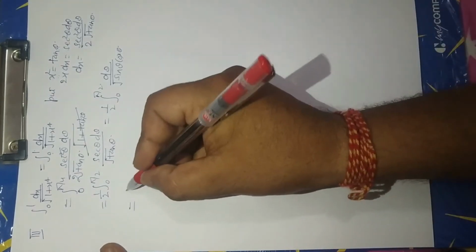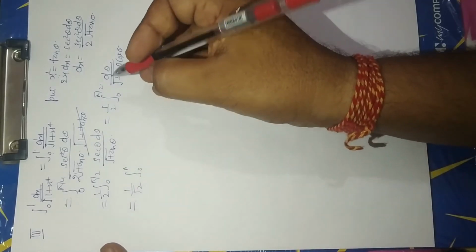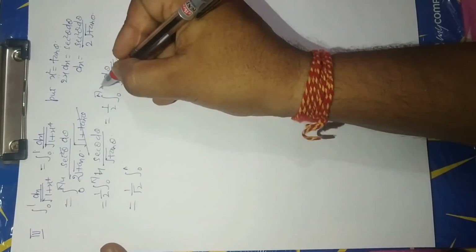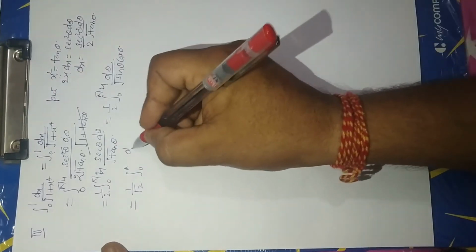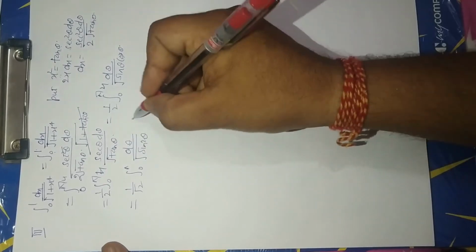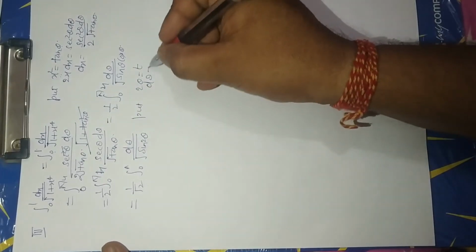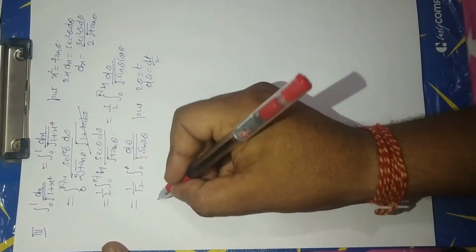Now this is equal to 1 upon under root 2, limit 0 to pi by 4, d theta upon under root sin 2 theta. Now put 2 theta is equal to t, d theta is equal to dt upon 2.